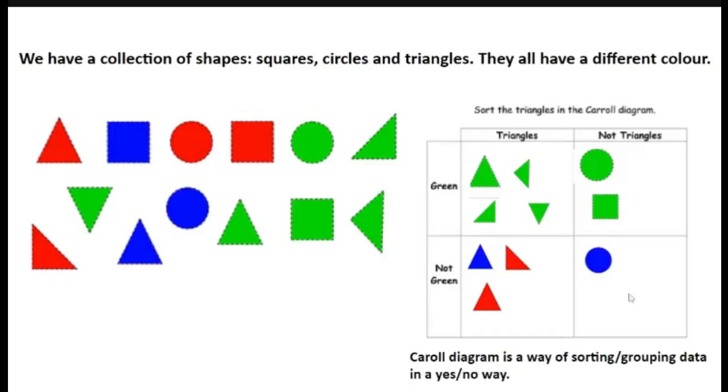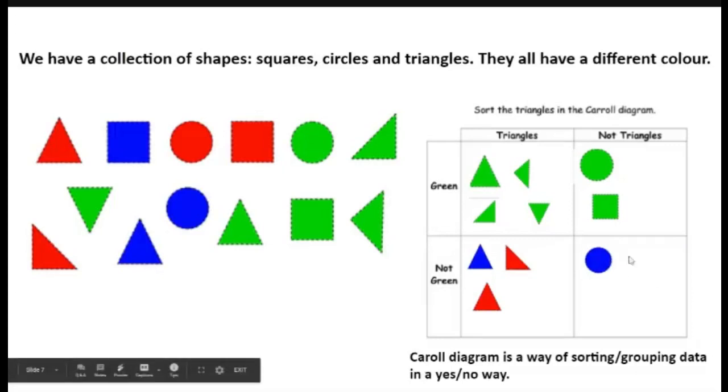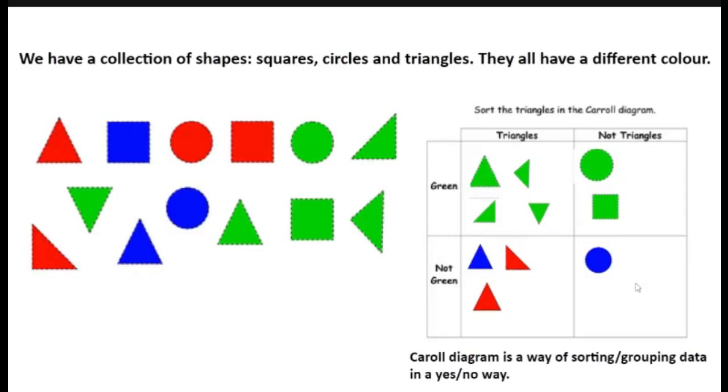Now, let's look at this field. We can put here not triangles, so no triangles here, only circles or squares, and not green, so no green color here.